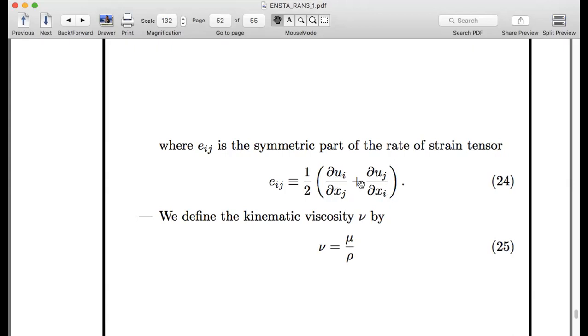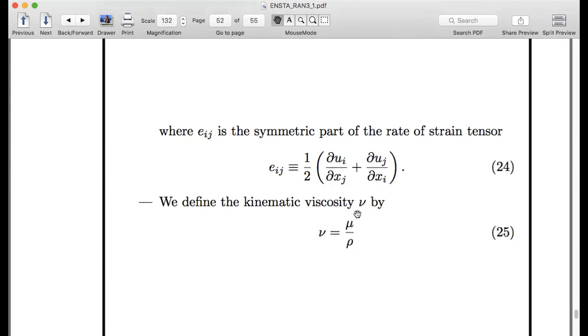So that's why it's symmetric. So this EIJ, if we wrote it down as a matrix, the components off the diagonal are symmetric across the diagonal. So the one in the top right equals the one in the bottom left, etc. Yeah, so that's the EIJ.